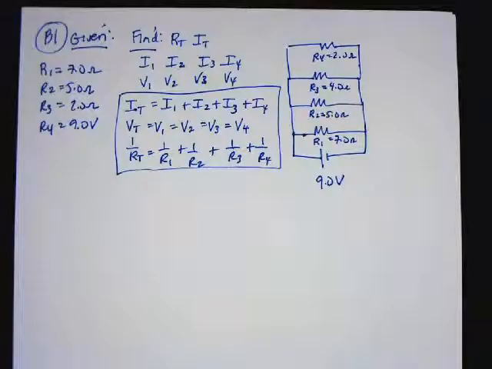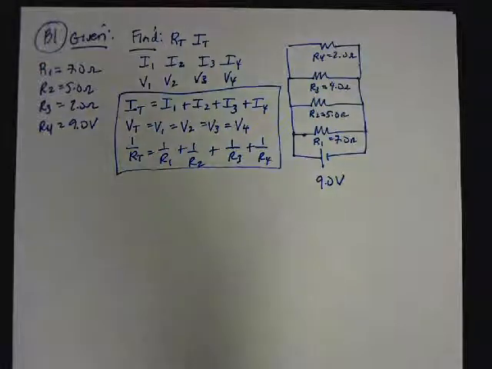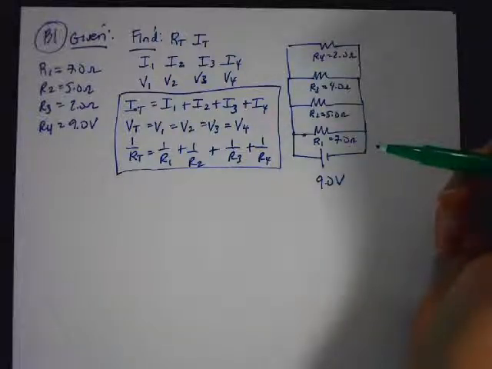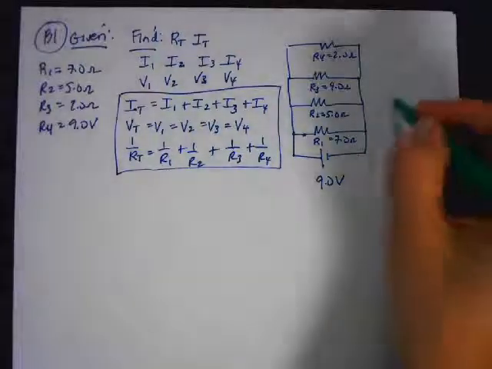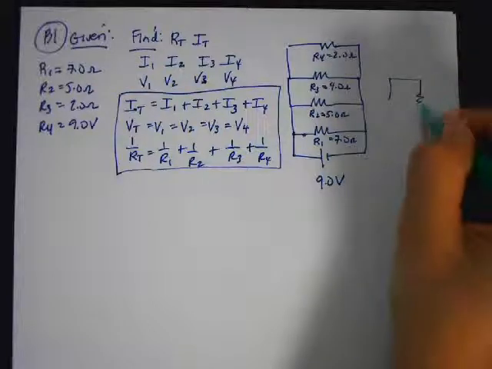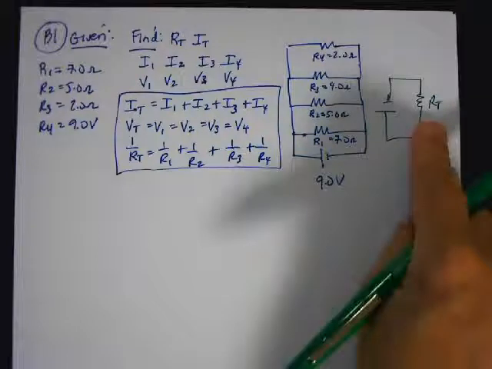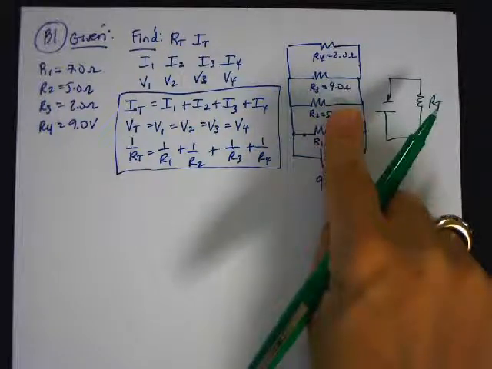Okay, so for the first part, I want to find the equivalent resistor. So what does that mean in layman's terms? That means instead of having 4 resistors in parallel, what if I wanted to replace them with 1 resistor? So this would be equivalent to those 4 in parallel.